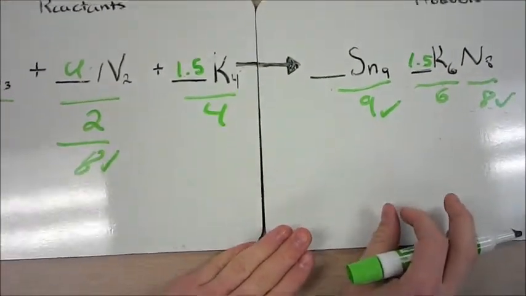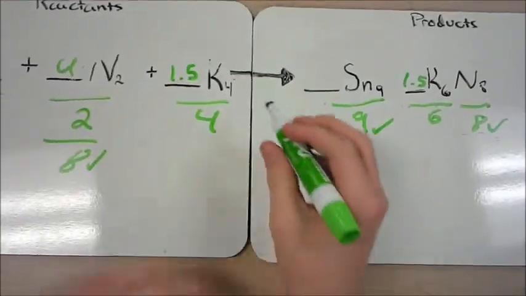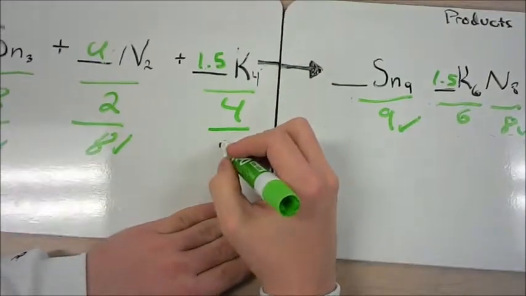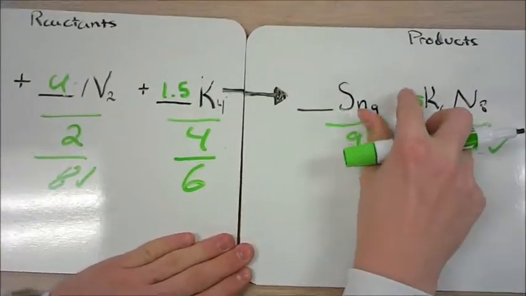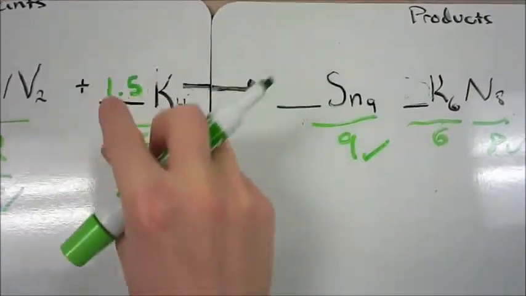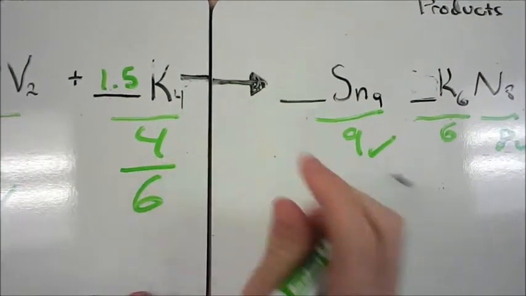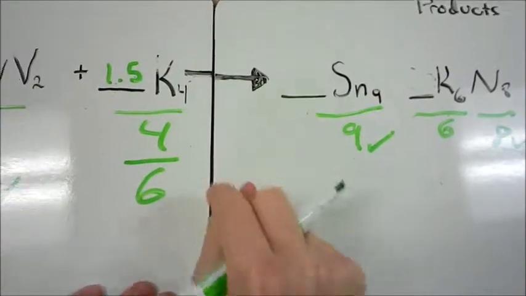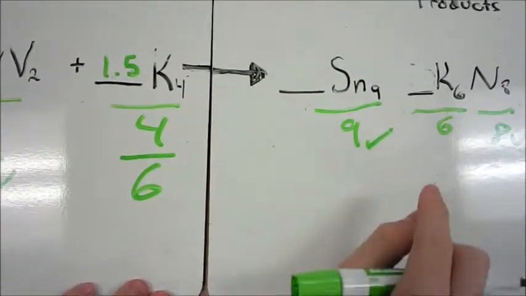Okay, now that we have this problem set up, over here we have 6 because that should be the same as 1.5 times 4 equals 6, and that's the same as K6.